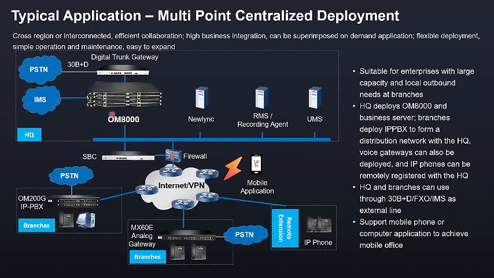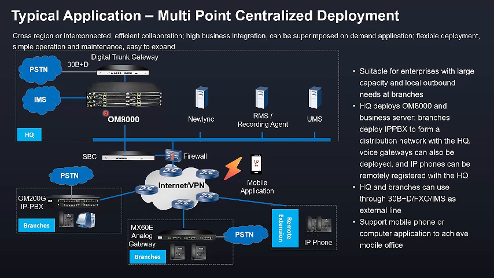And here, this is an example of a multi-point centralized deployment. This is for enterprises with a large capacity that usually require branches. There are several branches here: branches in Shanghai, branches in Indonesia, and some other branches located in Asia. This is a typical application with very flexible deployment and easy maintenance.